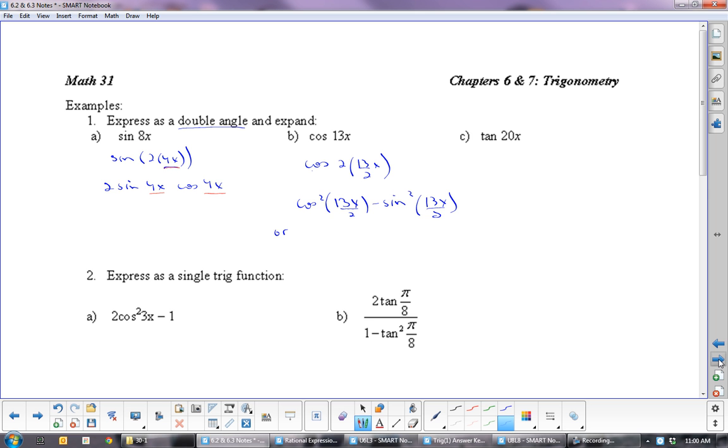Or, there's the other one where we could go 2 cos squared 13x over 2 minus 1. Or 1 minus 2 sine squared 13x over 2.